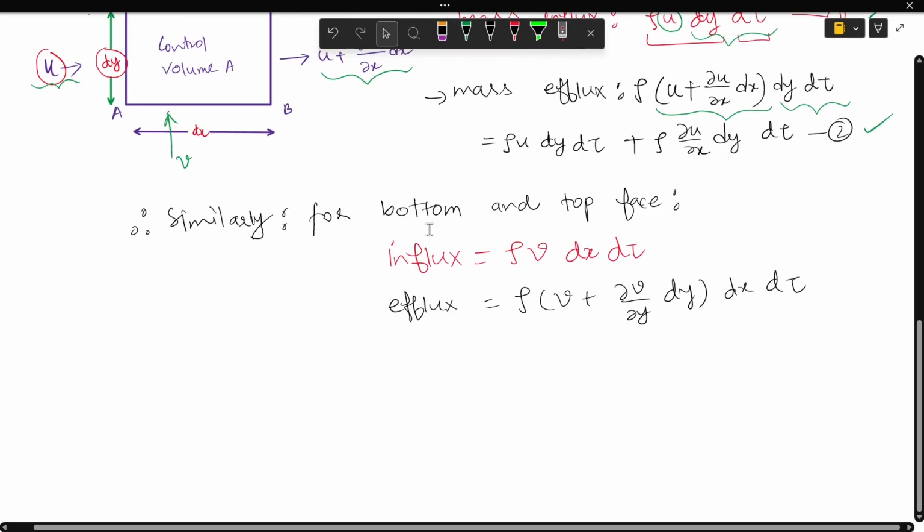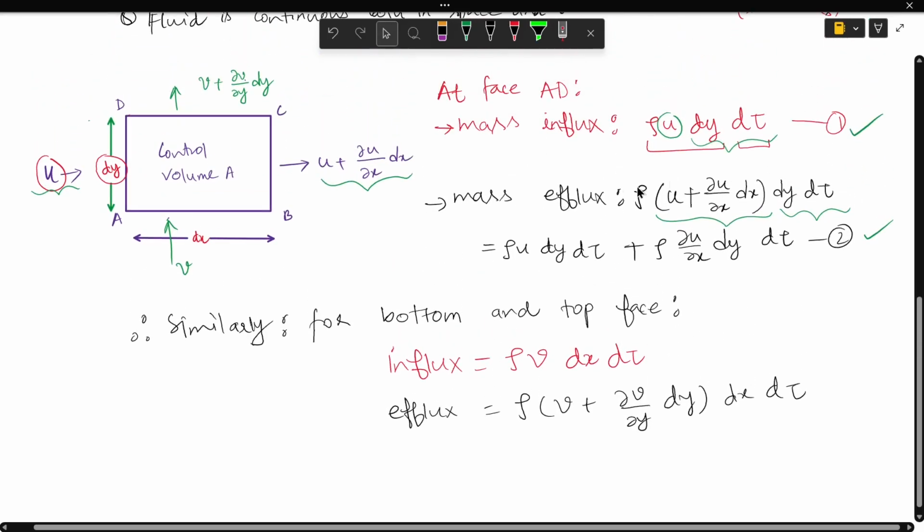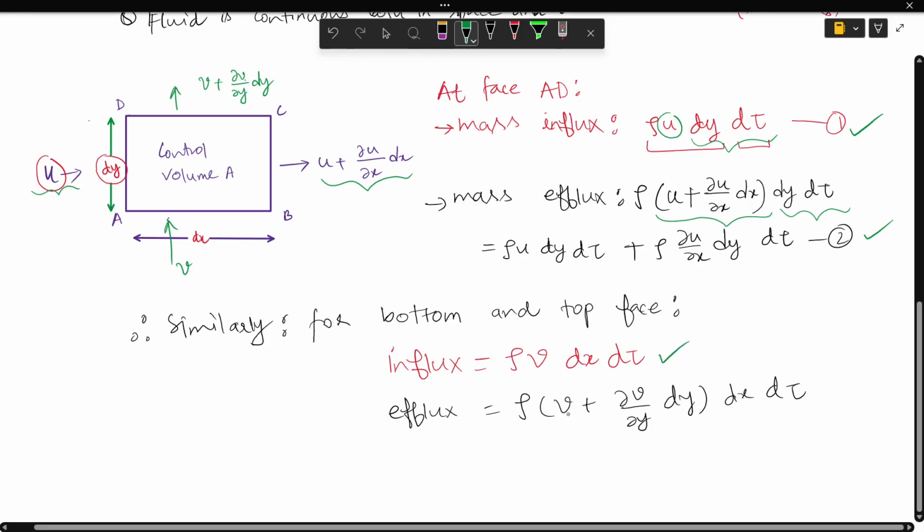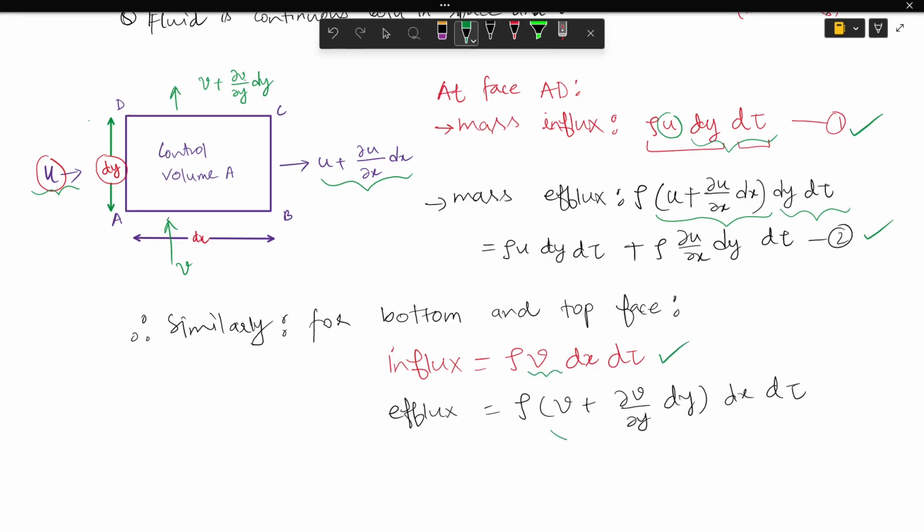Now for the bottom and the top phase. In case of the bottom phase, we have the density as rho, but the velocity here has changed into v, so rho v, and here this dx, through which it is entering, and d tau is the time. So this is the influx, and in case of the efflux, we can just replace this v with this thing.